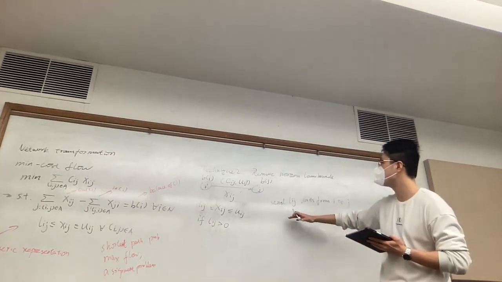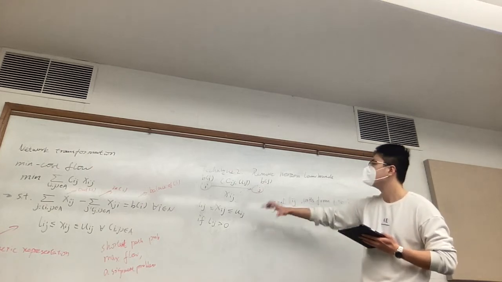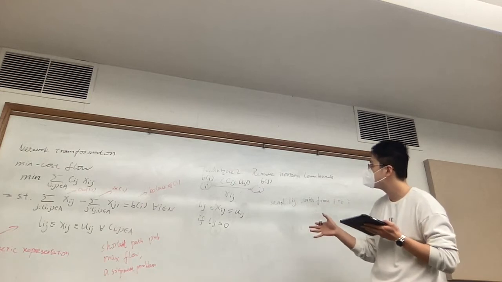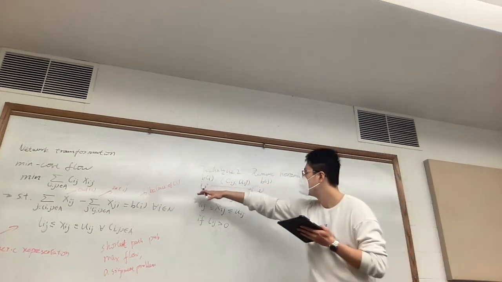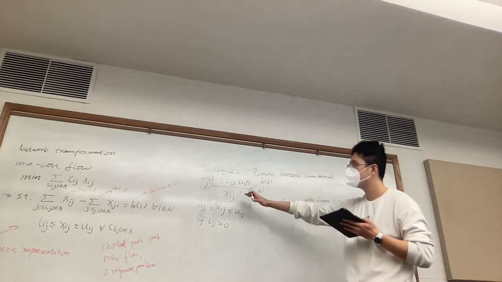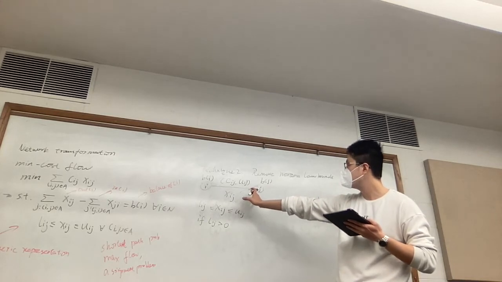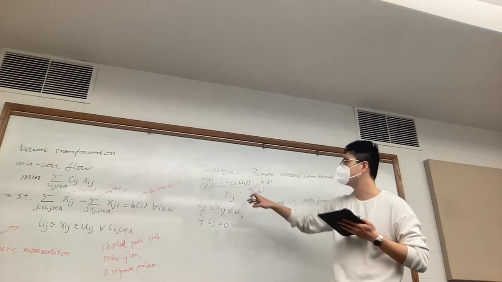So think about this problem. From the original problem, now we force the node I to send Lij units to J. Then what happens to these two nodes?